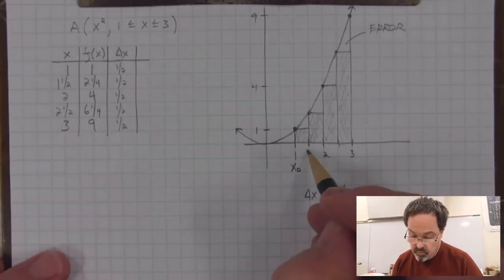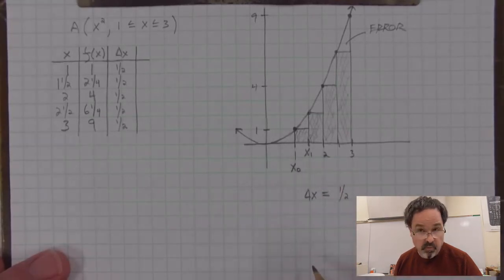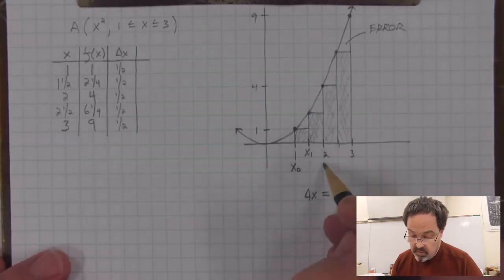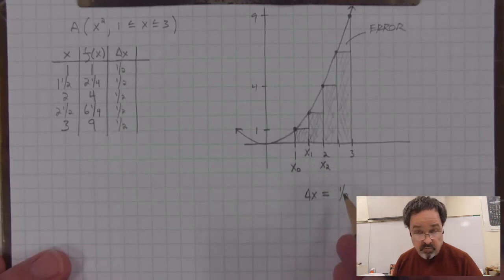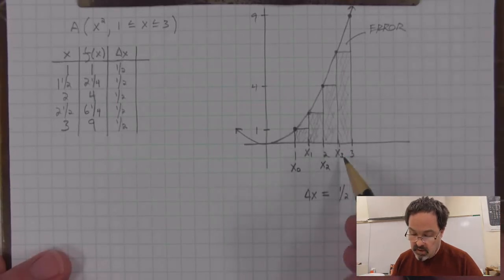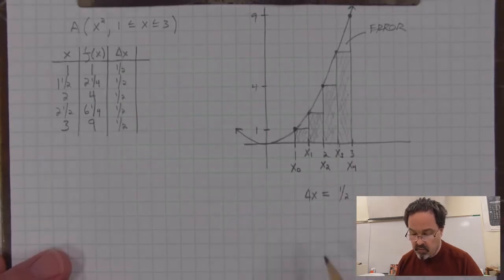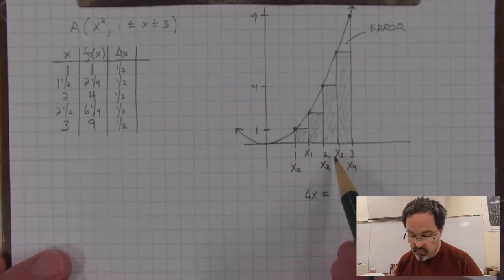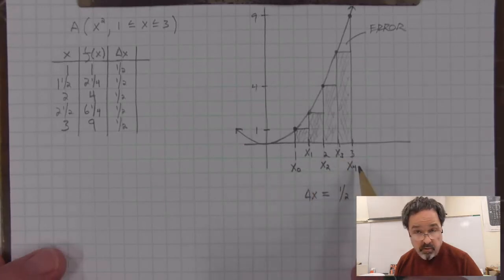And then the next one will count up and be x sub 1. Then at a domain value of 2, I have the next in my list of this new notation, x sub 2. At 2.5 is x sub 3. And then I finish at the upper domain, x sub 4. So I've created a list from 0 to 4.